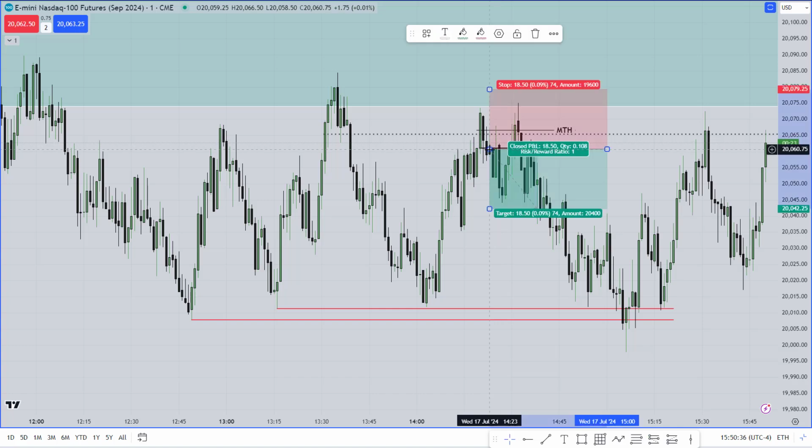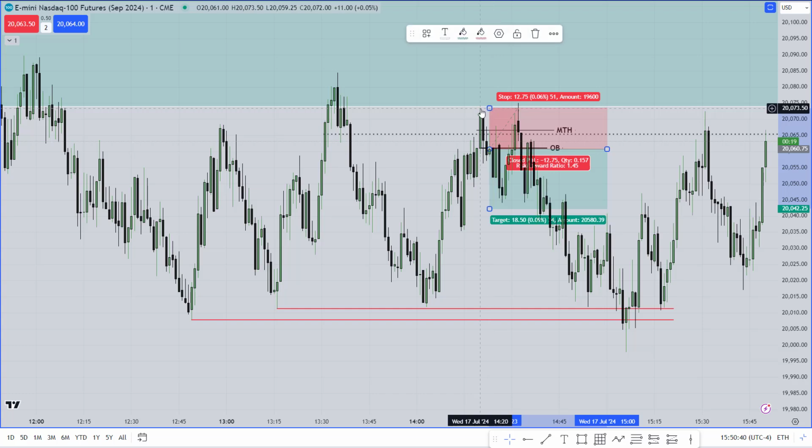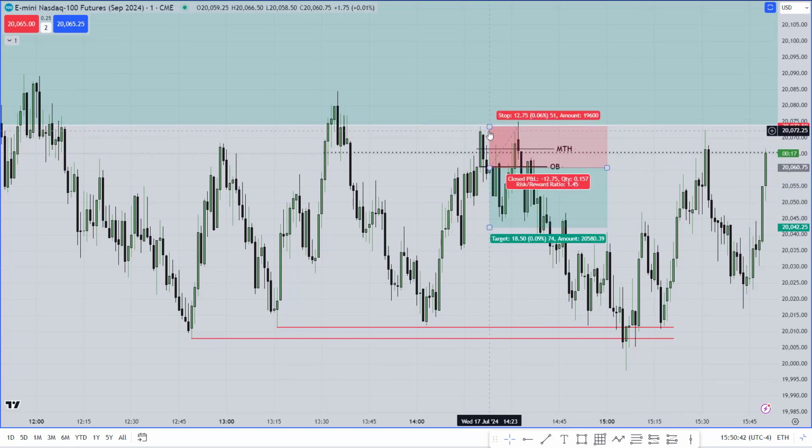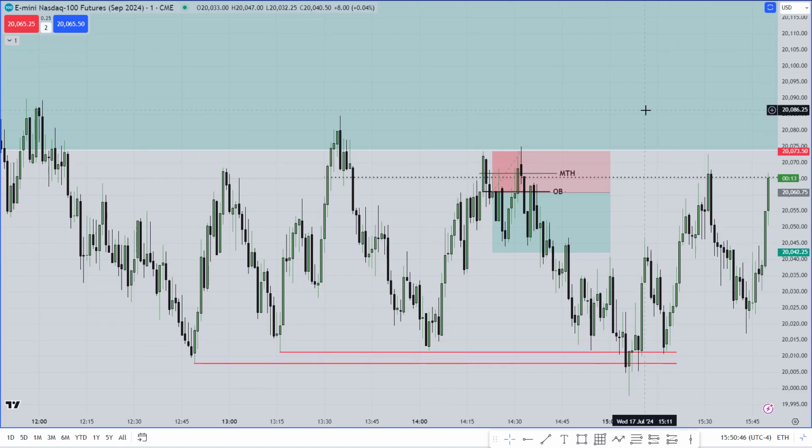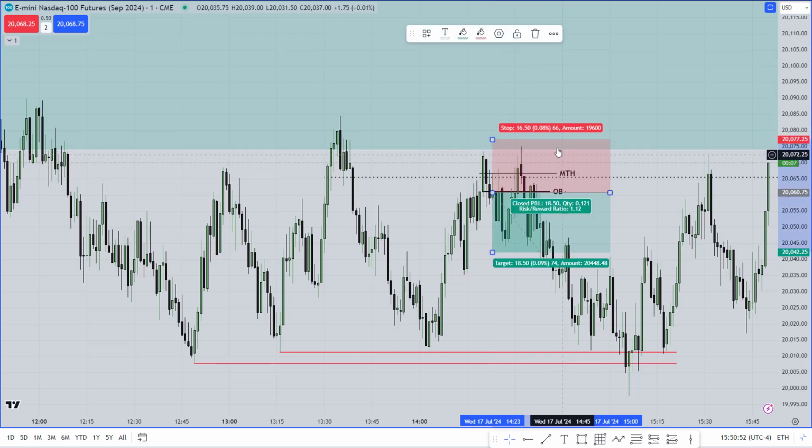Okay, when it tapped this order block, take the entry. Now where you are going to put your stop loss, just above that order block. Now look over here where you are going to put your stop loss, just below the low of that daily fair value gap. As you know, this daily fair value gap is extremely important. Why are you not going to just cover the low of that daily fair value gap? Is there anything wrong if you just cover the daily fair value gap low?